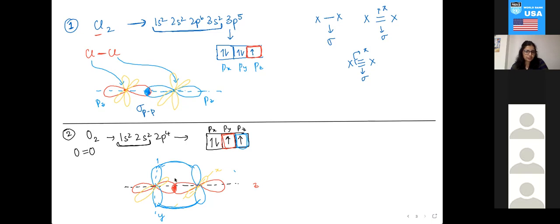The first bond is a sigma pp overlap, and the second bond is a pi pp overlap. Okay? And the px orbitals are completely filled up.